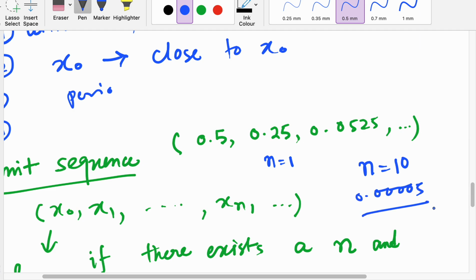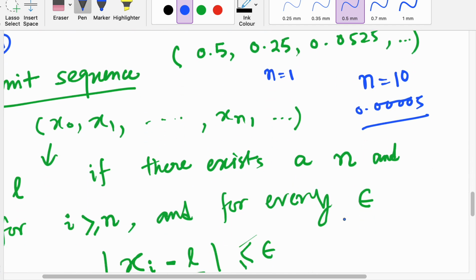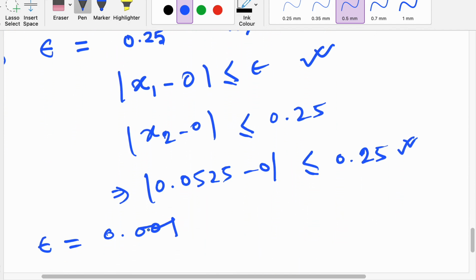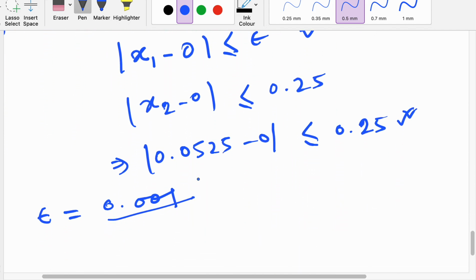You can say that yes, there exists n equal to 10 after which, for n equal to 11, 12, 13, the distance between the iterate and 0 will always be less than 0.001. That basically says that this sequence has a limit which is 0.